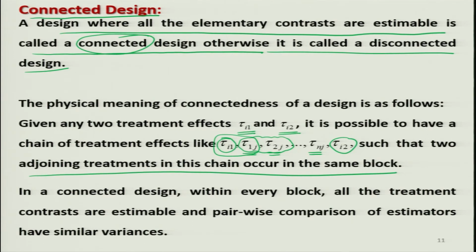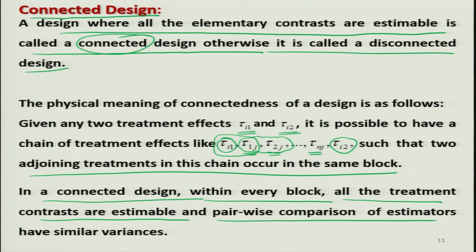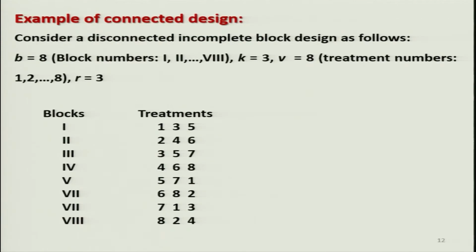So in this type of design, that is the connected design, within every block all the treatment contrasts are estimable, and pairwise comparison of estimators have similar variances. Now we are going deeper and deeper, and then we will come back and see how things are interrelated, and how they help us with different intricacies of this incomplete block design.